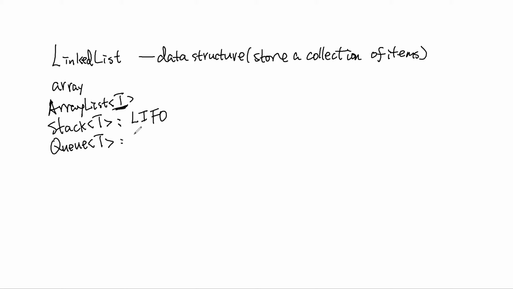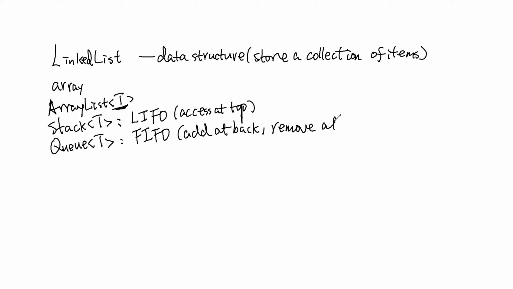And queue is FIFO. So if you have an application you want done in order, then you can use queue. That's their feature. Stack can only be accessed at the top, and for queue you add at the back and remove at the front.